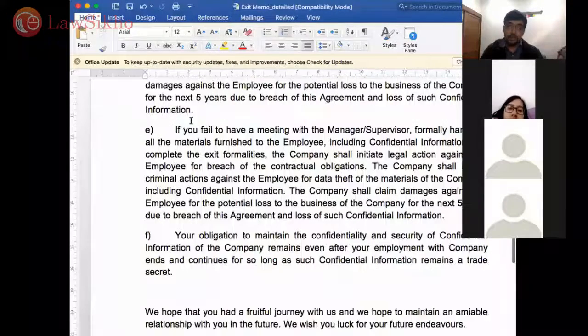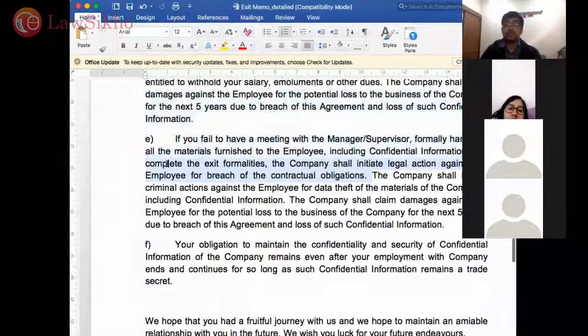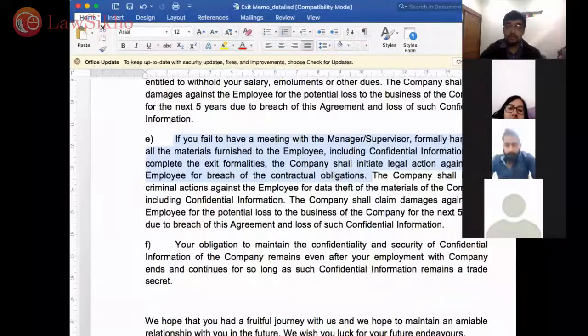Right? And if you fail to have a meeting with the manager or supervisor or do all the formal handover, the company will initiate legal action against you for breach of contractual obligations. Now, how is it saying this? Which is the contractual obligation they're talking about? Assume the employee doesn't sign this. He reads this line and refuses to sign this. Then which is the contractual obligation we are speaking about?